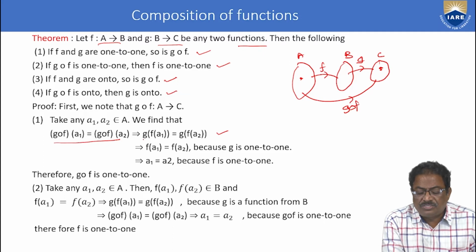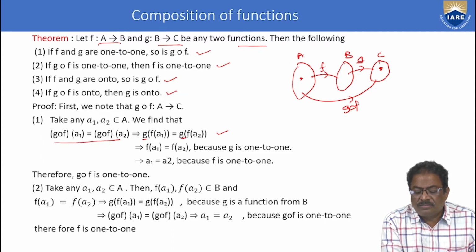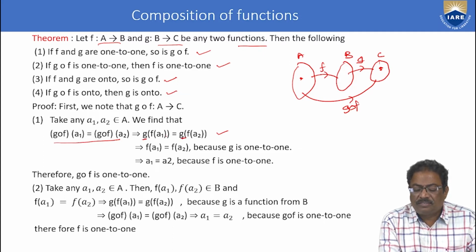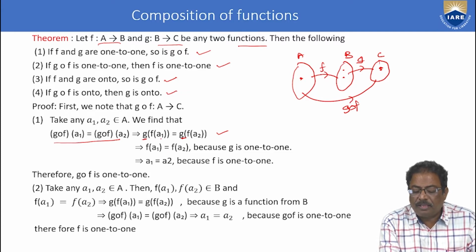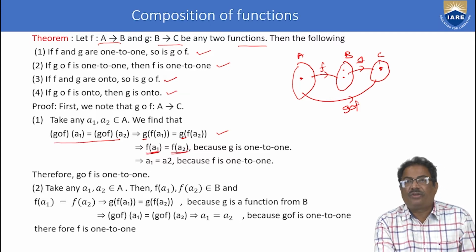Here g is 1 to 1, so the images f of a1 and f of a2 are equal. That is, g of f of a1 equals g of f of a2 means f of a1 equals f of a2.